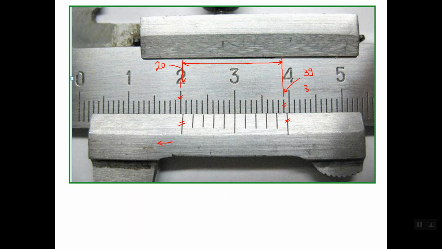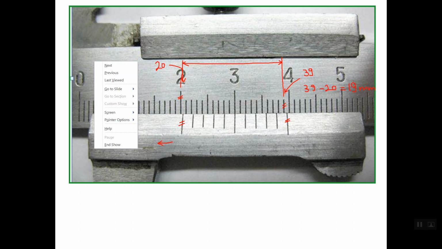So 39 mm minus 20 mm is equal to 19 mm. So in this case, the Vernier scale is longer than the previous one. So we have a Vernier scale of length 19 mm. So this is the second style.